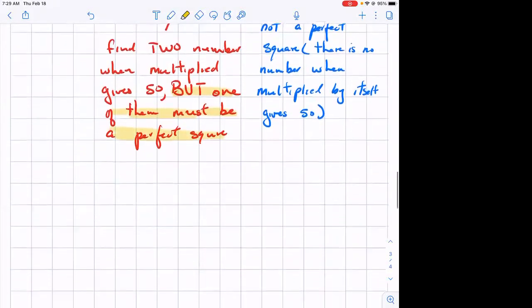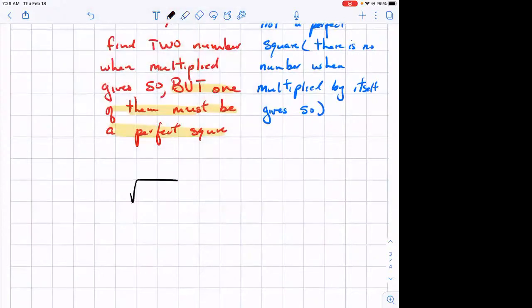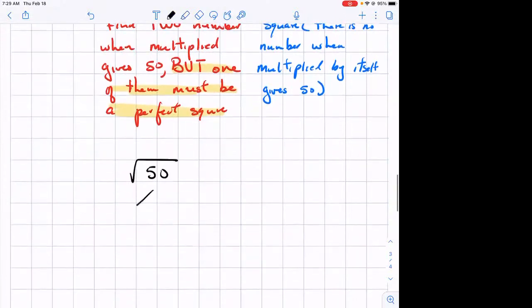So let's look at what I'm saying here. We have the square root of 50. Well, the square root of 50, we can have the square root of 2 times 25. That gives 50. We can have the square root of 10 times 5.